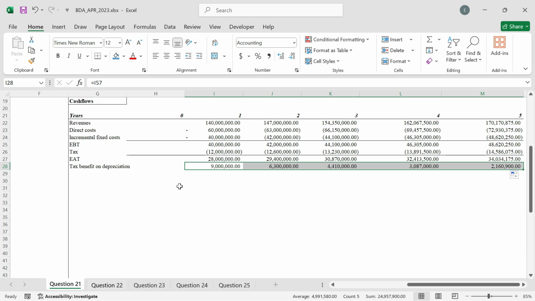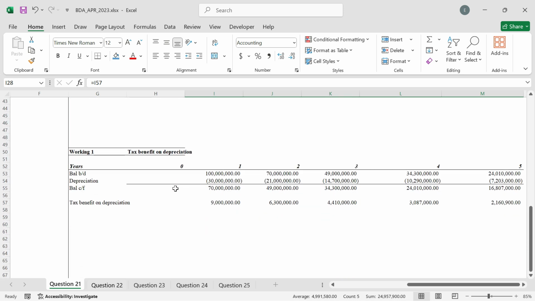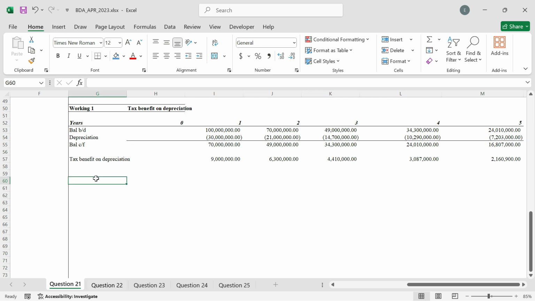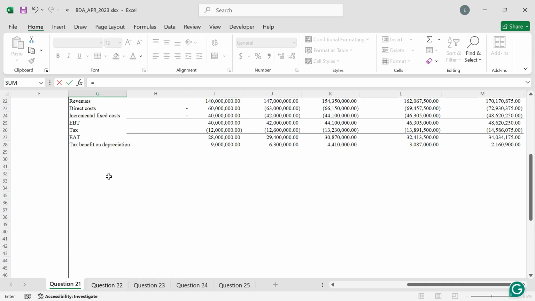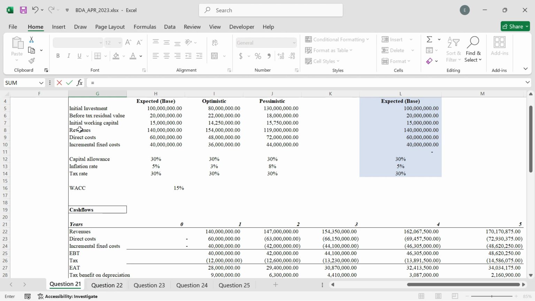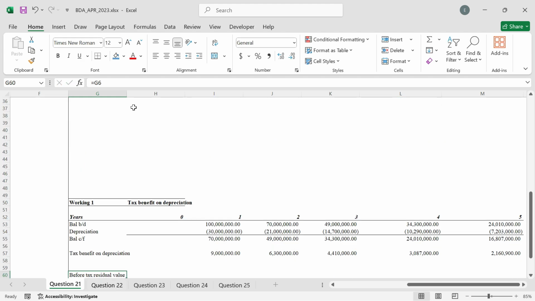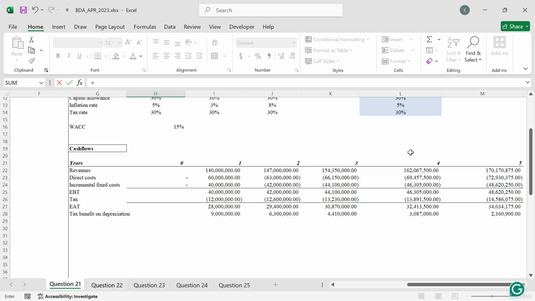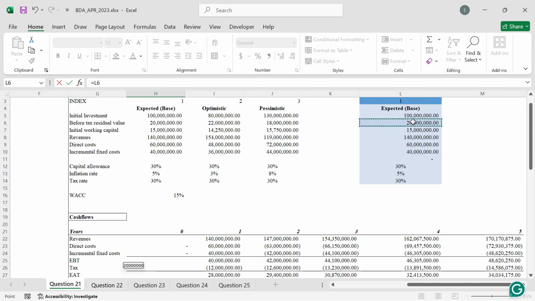But beyond this, I was told to calculate the gain on disposal and account for the tax therein. So I'll have to account for my residual value, which initially, or in scenario 1, is a value of 20 million.